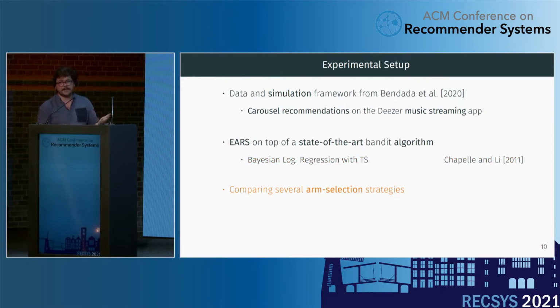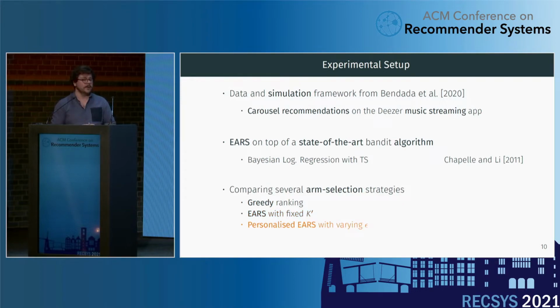Then we compare several arm selection strategies. The first one is to greedily rank the items. We can do EARS with a fixed K, and we can do EARS with a personalized K, whilst varying the tolerance of the clicks that we are willing to lose for improved fairness.